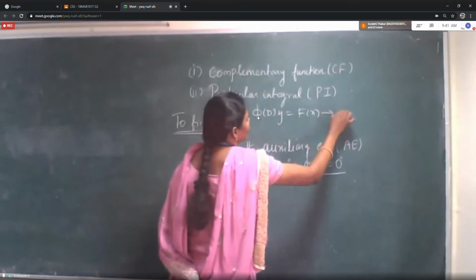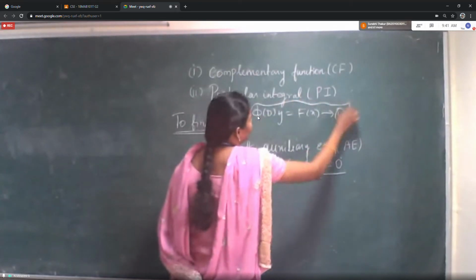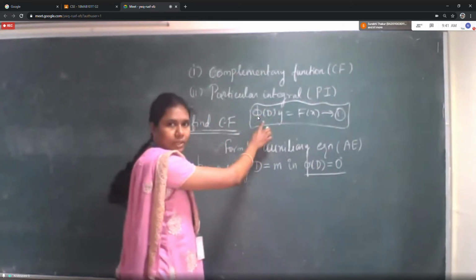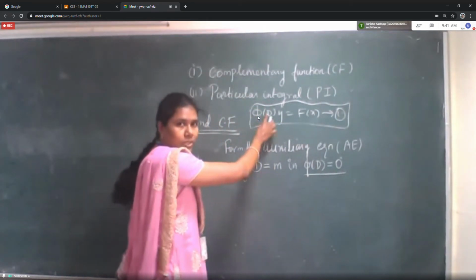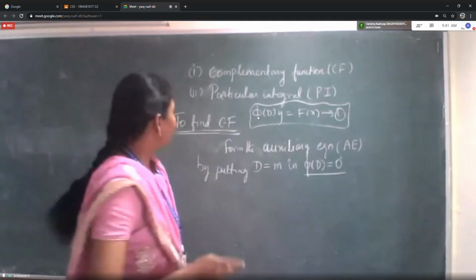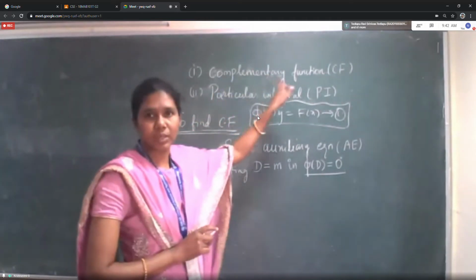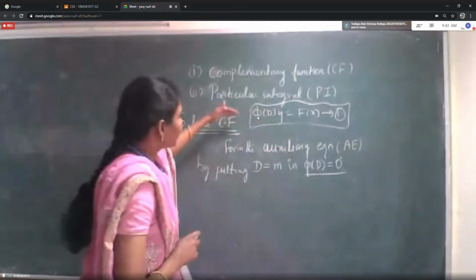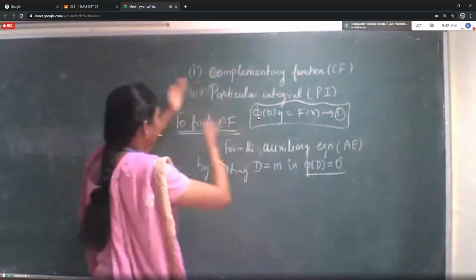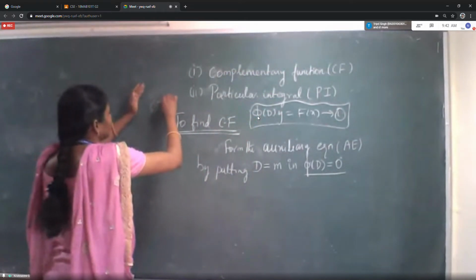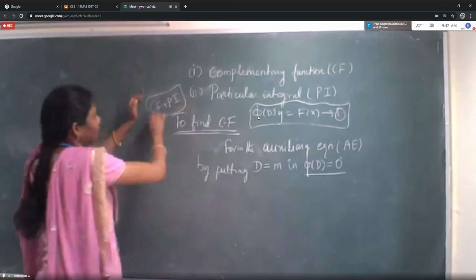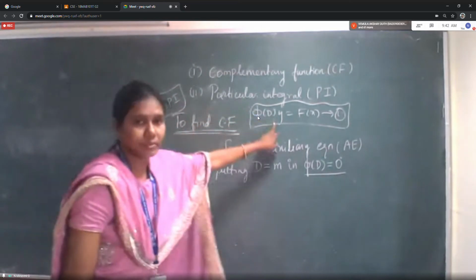We are going to find the solution for this equation 1. The solution consists of two parts, first one is CF, second one is PI. Finally, we have to write CF plus PI, which is the solution.